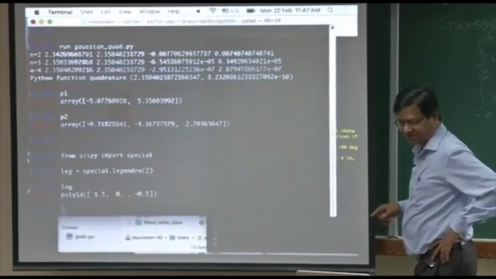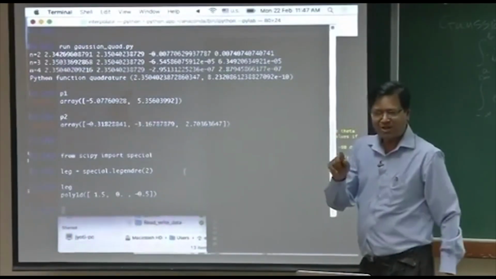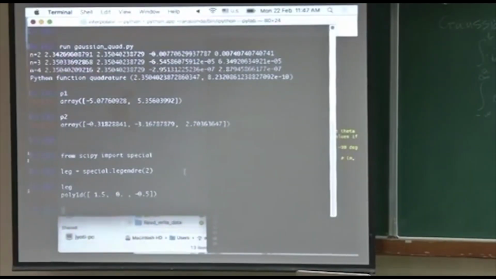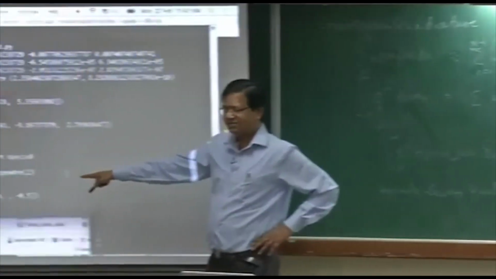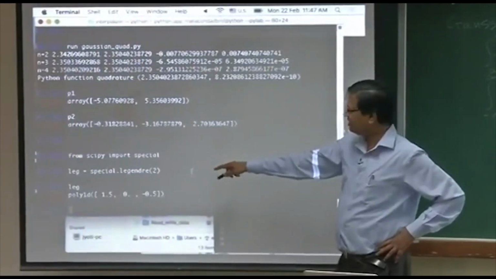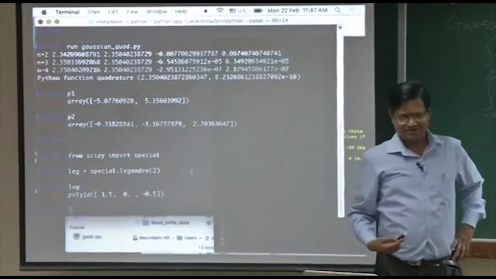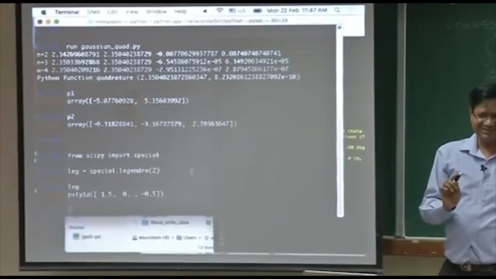So remember what was it? So Legendre 2 is 3x squared minus 1 by 2. Okay, so you can construct from here. So 3 half x squared, then 0 times x, then minus half.